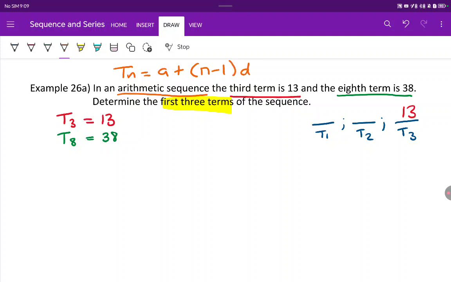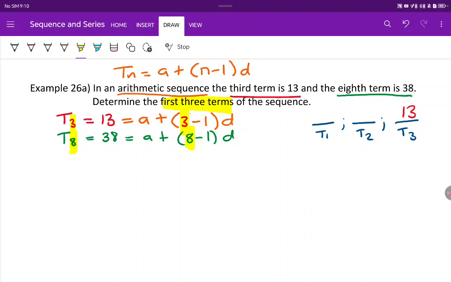That means that term 3 is equal to a plus bracket 3 minus 1 times d, whereas the other one will be a plus bracket 8 minus 1 times d, and this 3 and this 8 are that 3 and that 8.